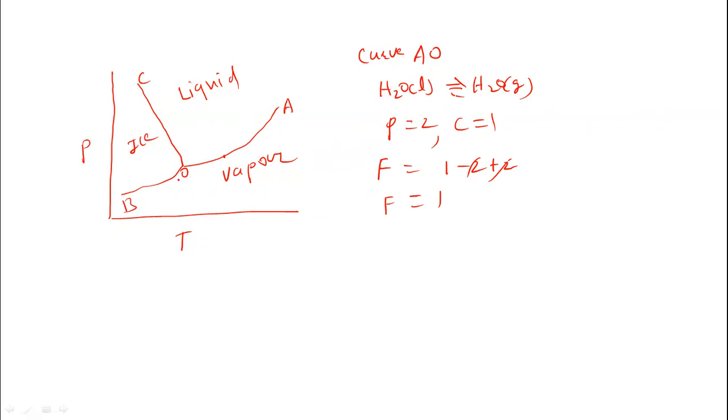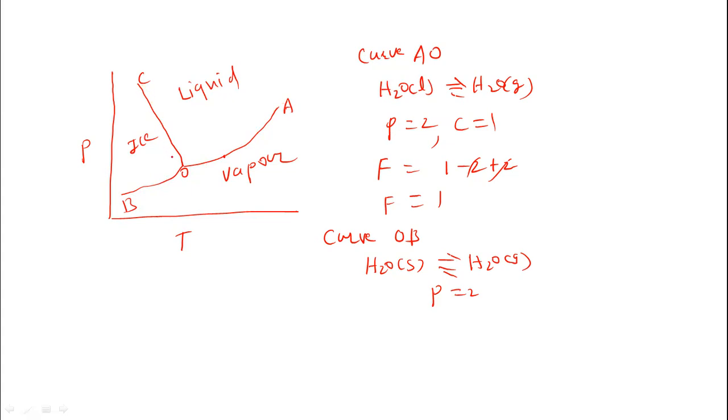You can take any curve here, curve BO or OB. Which are the two phases existing? Solid ice is in equilibrium with vapor water. So once again, there are two phases existing in equilibrium along this curve. It is called the sublimation curve. This curve is called the vaporization curve.